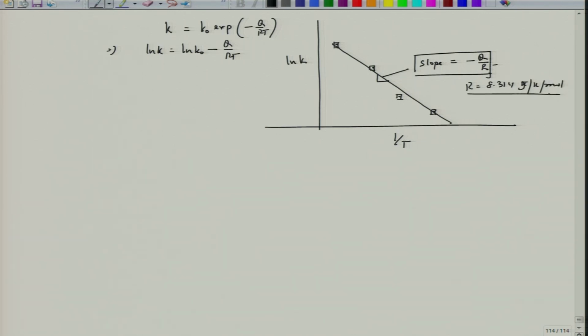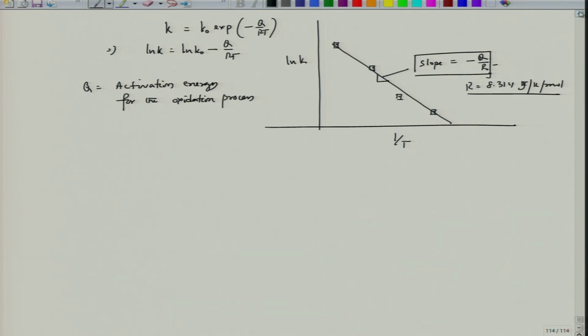So, once we know this, I can find out Q, which is nothing but the activation energy for the oxidation process. Fine.